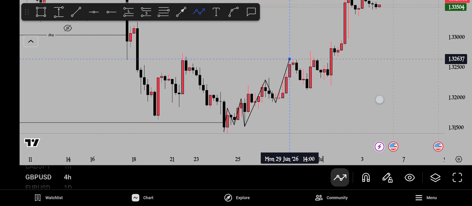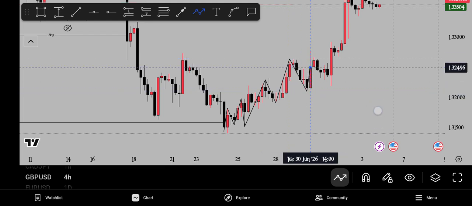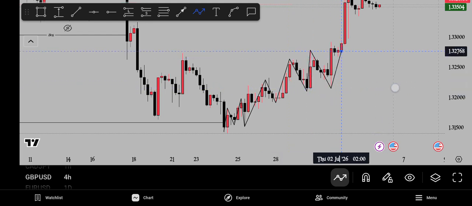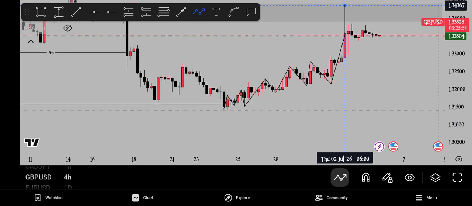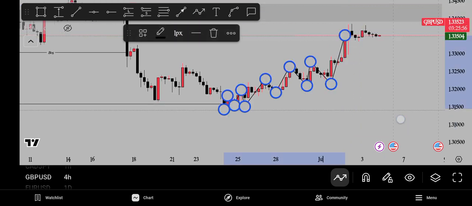Market has been pushing, it has been pushing.